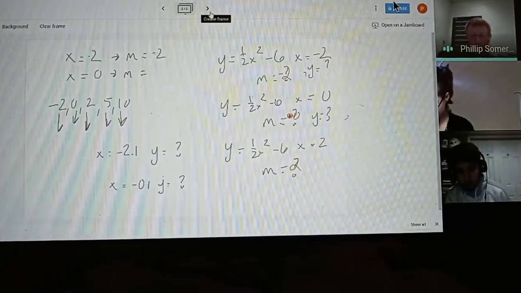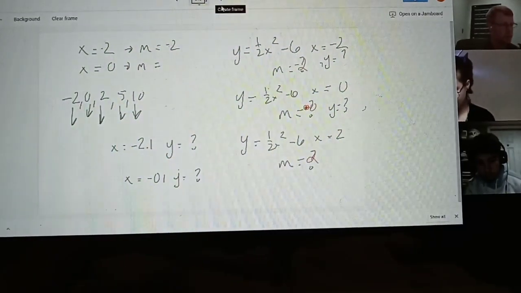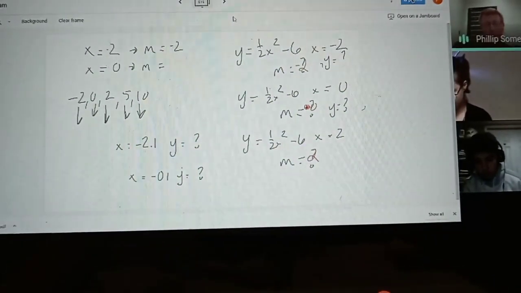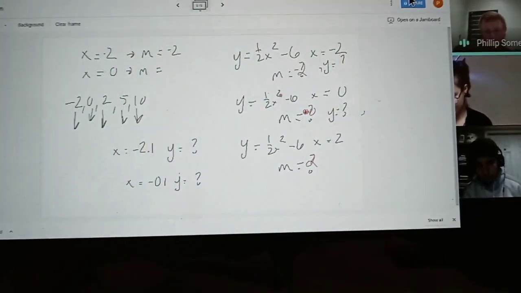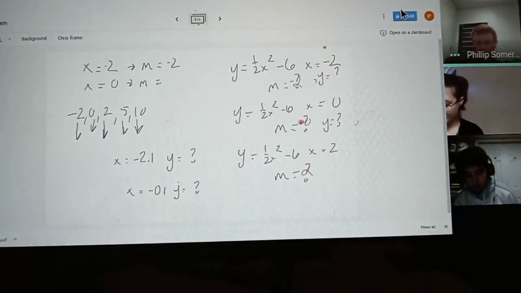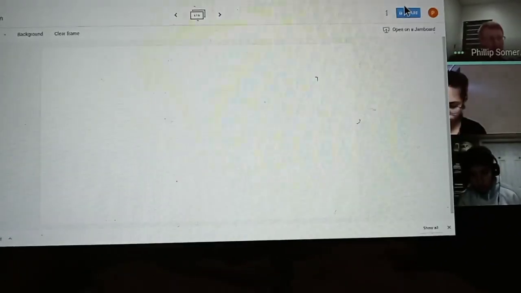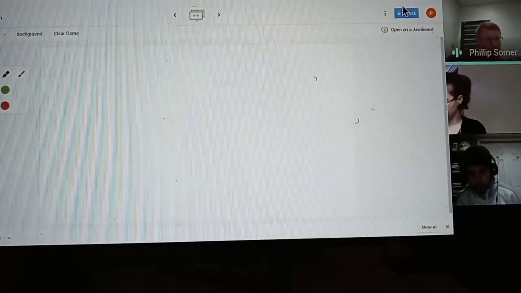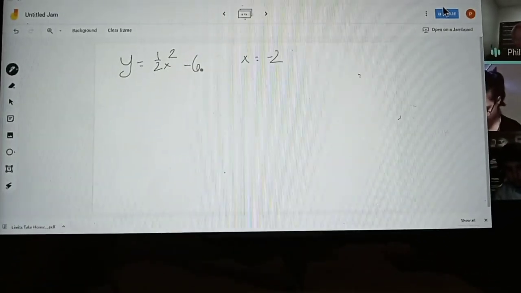Are you with me or no? So I basically have to like make those charts for each value of x. Yes, but do it very condensed. Don't do 6 values for each one. Literally do something very, very close on both sides of this. So like if I was doing y equals 1/2 x squared minus 6, and I'm doing x equals -2, here's what I'm doing.